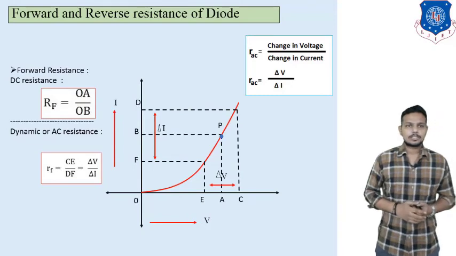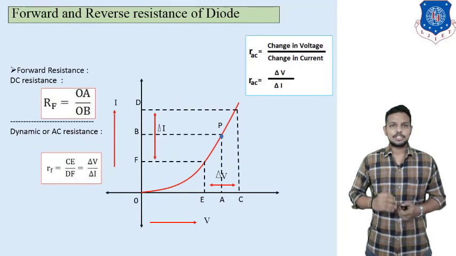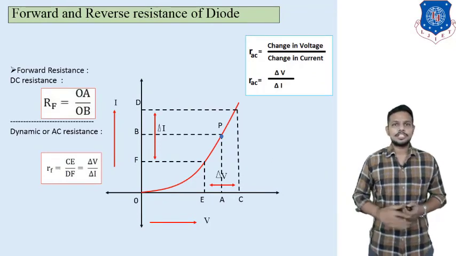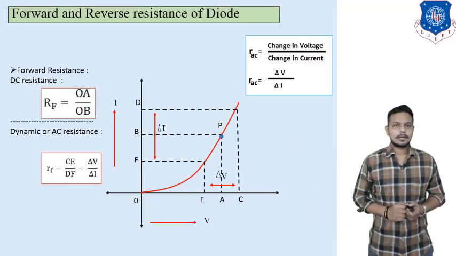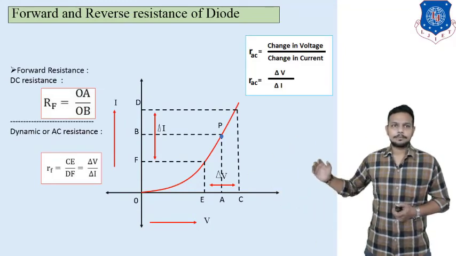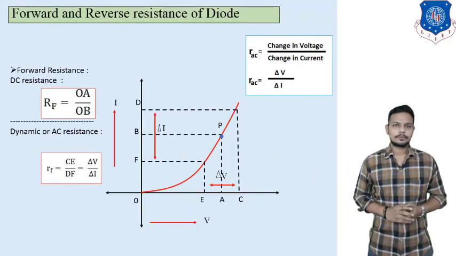So AC resistance, RF, is equal to the ratio of the change in voltage upon the change in current. So this is the forward resistance, or we can say the AC resistance of a diode.